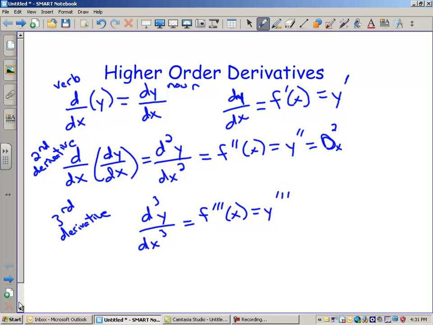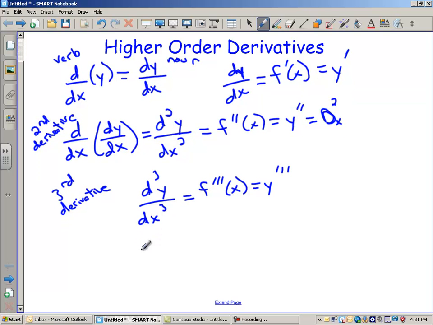Now, sometimes if you take the derivative repeatedly, in this notation right here, we call this the nth derivative of x. They don't do n tick marks. So this would be equal to the nth derivative, like that. Okay, so let's go take a look at some examples.